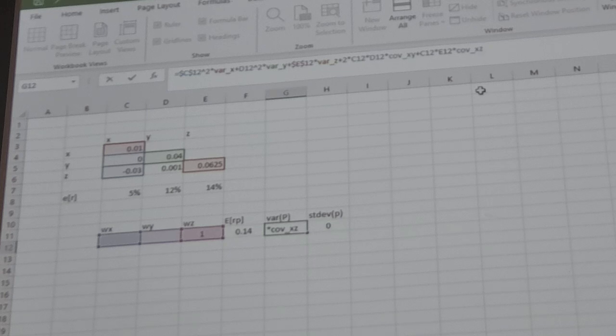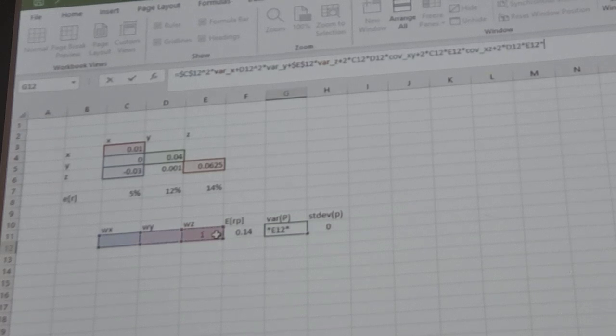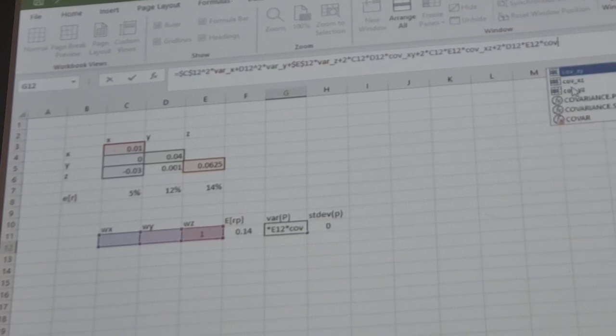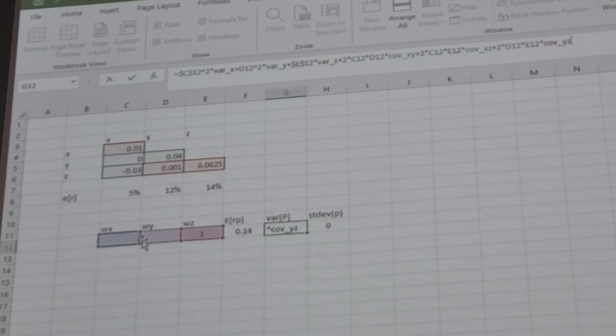Yeah? Times 2. Yeah. Plus 2 times weight of y, weight of z, covariance y, z.